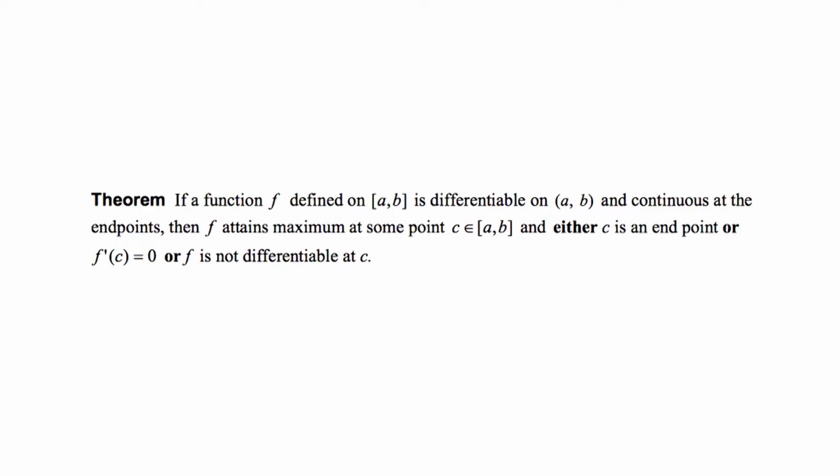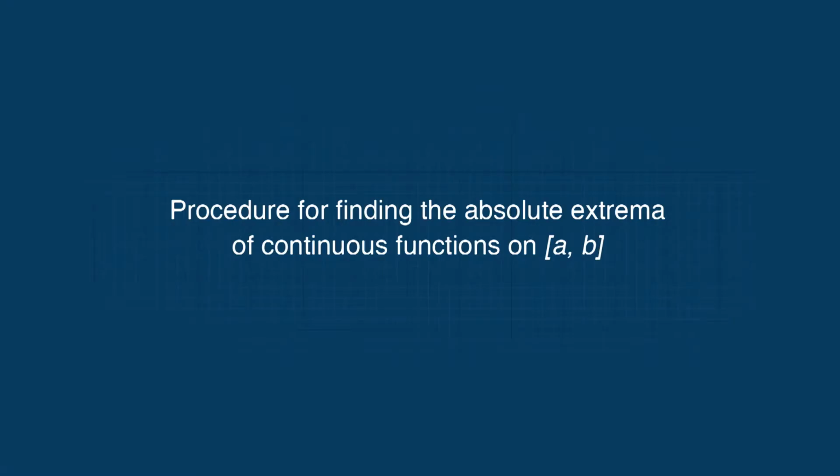Theorem: if a function f defined on a closed interval [a, b] is differentiable on the open interval (a, b) and continuous at the end points, then f attains maximum at some point c in the closed interval [a, b], and either c is an end point or f dash of c is equal to 0 or f is not differentiable at c.